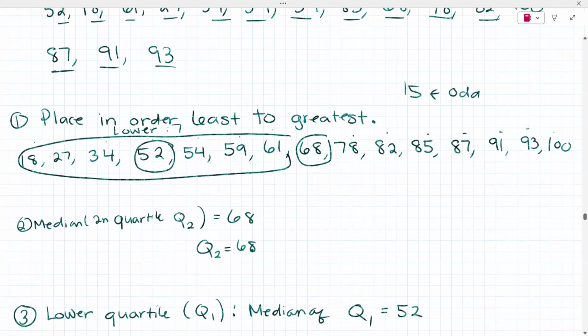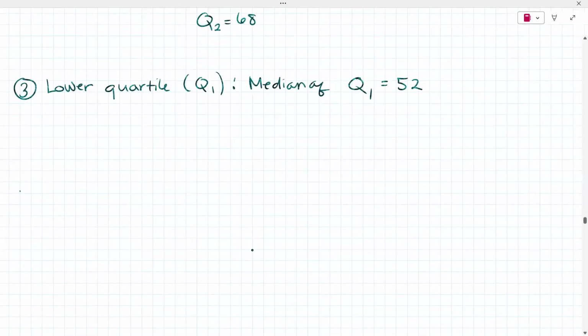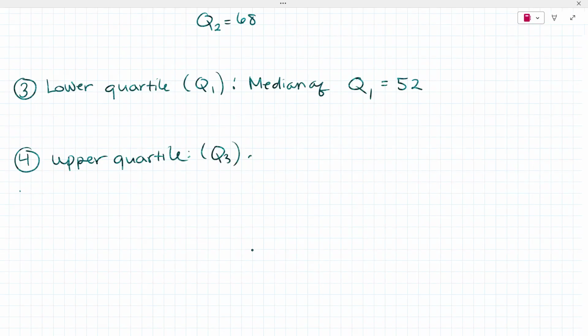Okay, and then the next one is the upper quartile, also known as Q3, which is basically the median of the upper group.